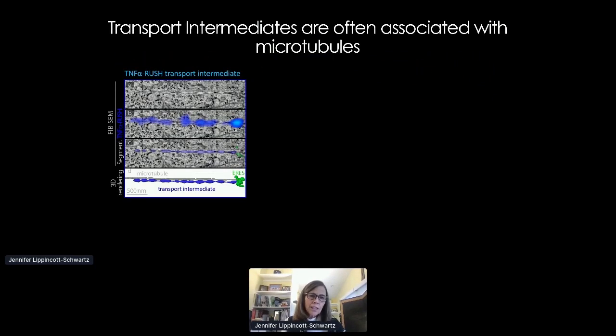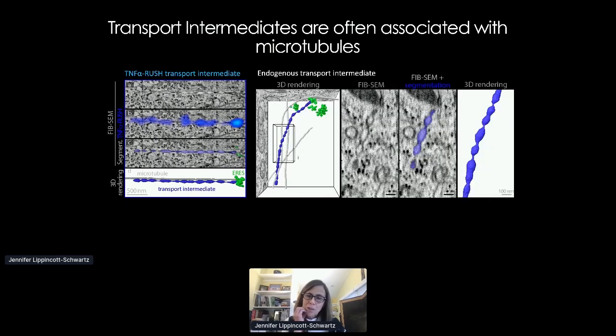We can see this not only in cells where we've transfected with a cargo to allow us to verify the characteristics of the transport intermediate, but we can also see these things in cells that have not been transfected with any probe, ruling out that what we're seeing to the left was somehow created as a consequence of the introduced probe. To the right, you're seeing endogenous transport intermediates that have that same characteristic pearled morphology emanating out of an ER exit site and associated with a microtubule.